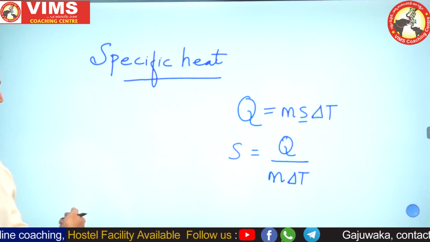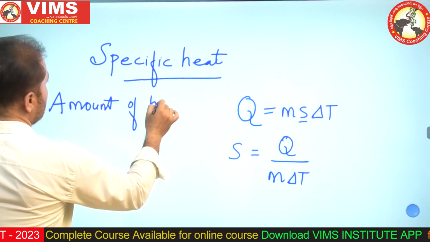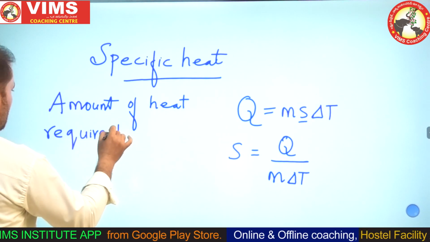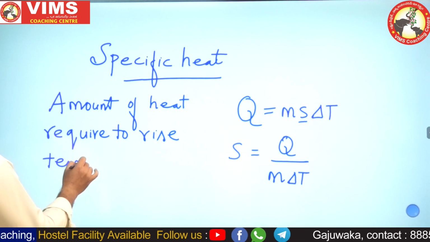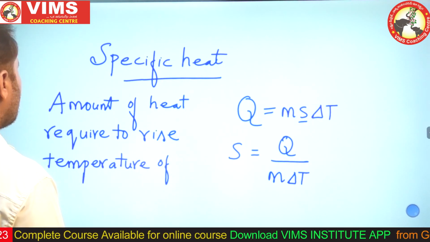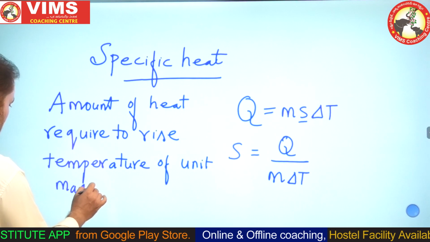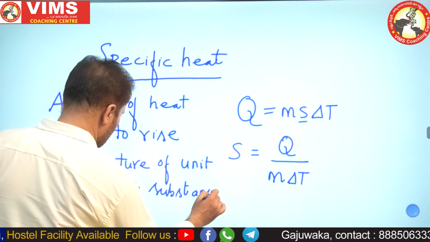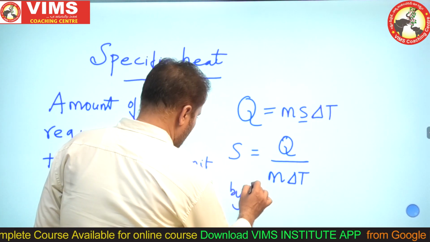So let us try to write the definition of specific heat first. Specific heat is nothing but the amount of heat required to raise the temperature of unit mass of any substance by 1 degree Celsius.